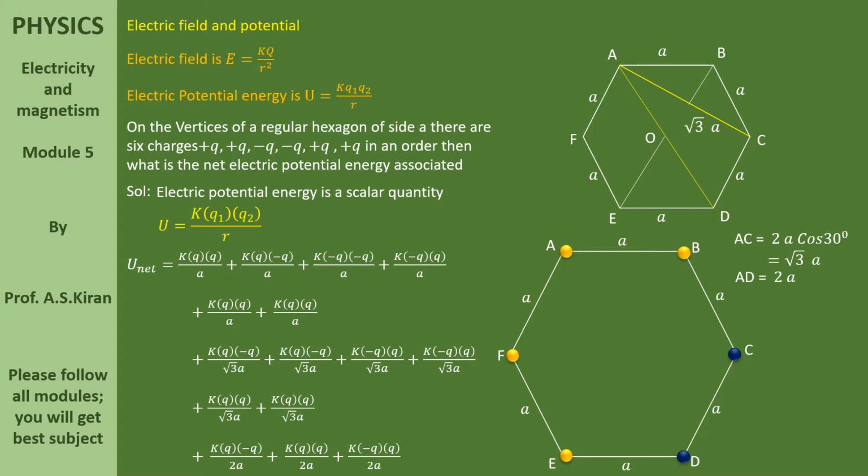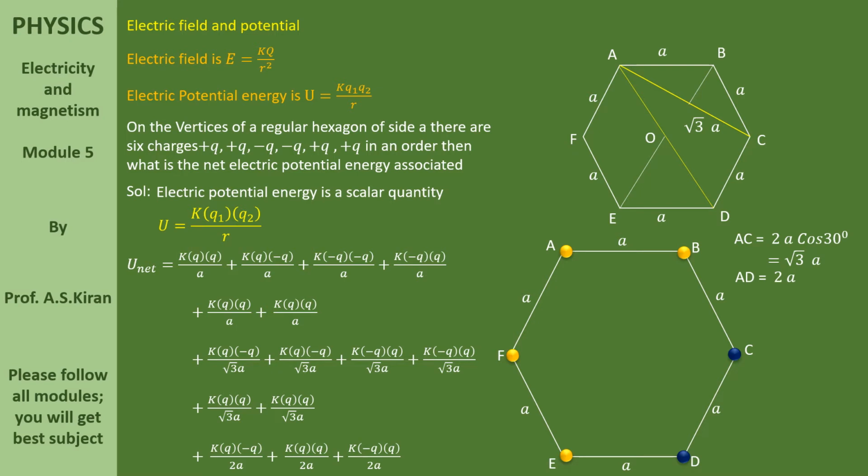Electric potential energy U net is equal to KQQ by A. Let us consider the charges at A and B. Charge at A is Q, charge at B is Q. The energy associated with those two charges is KQQ by A, according to that formula, the charges and the distance between them.